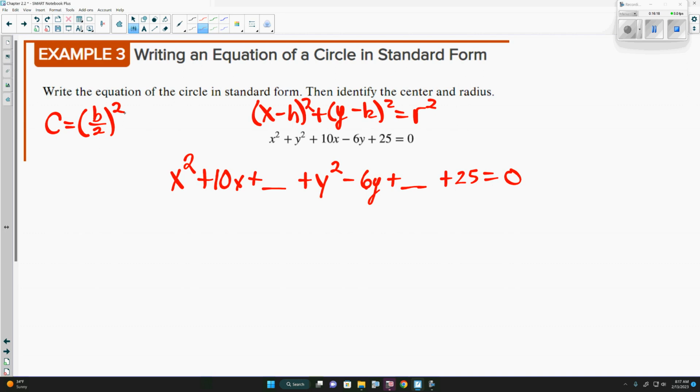Now with doing this, there are kind of two ways that we go about it. One of them is, if we're lucky enough that x and y don't have a number in front of them, we can add this c value to both sides of the equation. If not, we'll have to factor it out and then add it and subtract it from the same side.